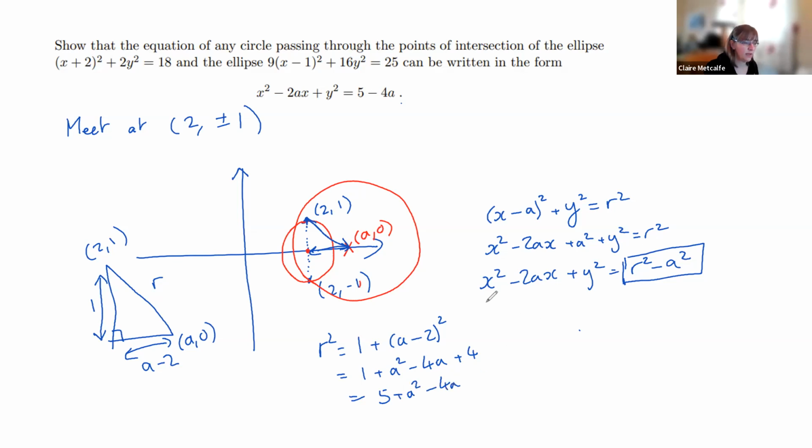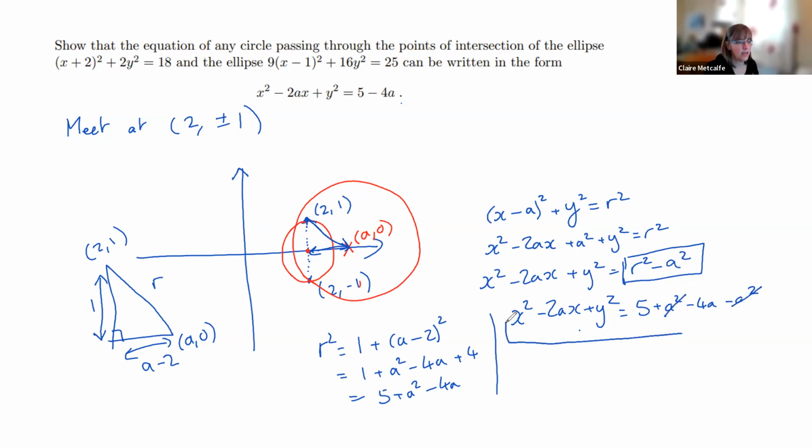So if we substitute that into here, x squared minus 2ax plus y squared is equal to 5 plus a squared minus 4a minus a squared. Our a squareds disappear. So this equation here is the same as the equation here. So we can say as required, and we're done.